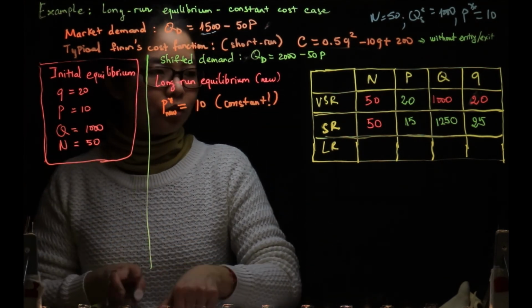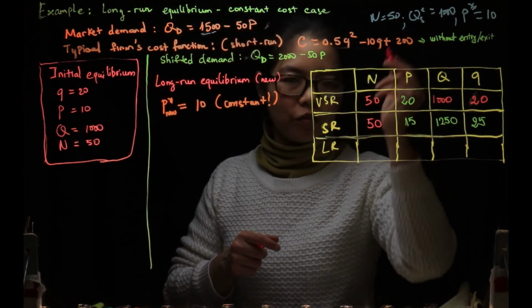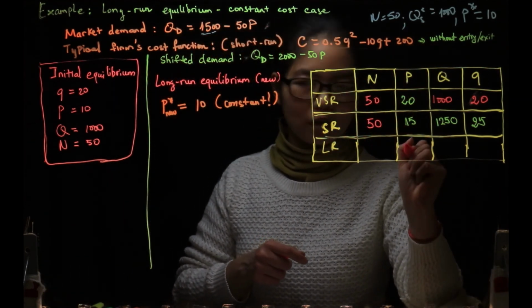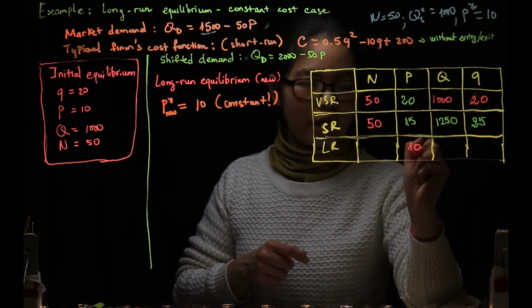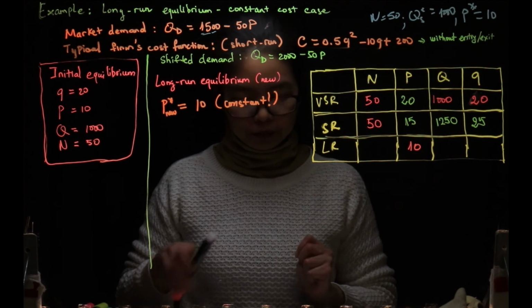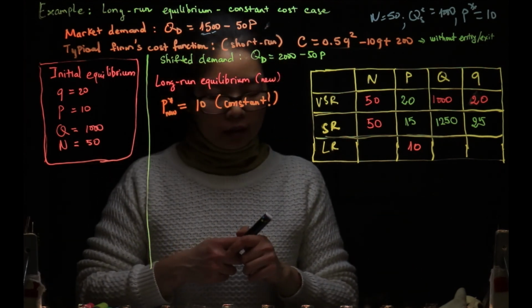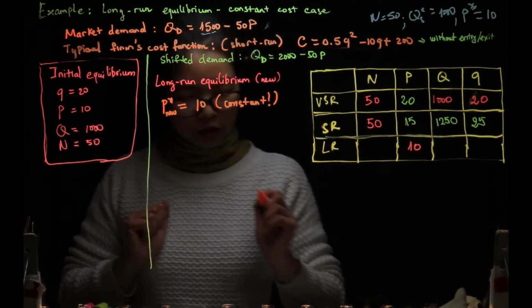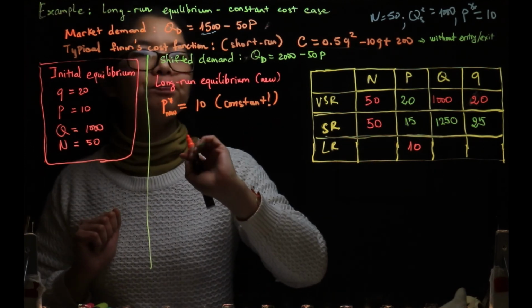So you could fill in here already. For the long run, P is constant, 10 in pink, already good.